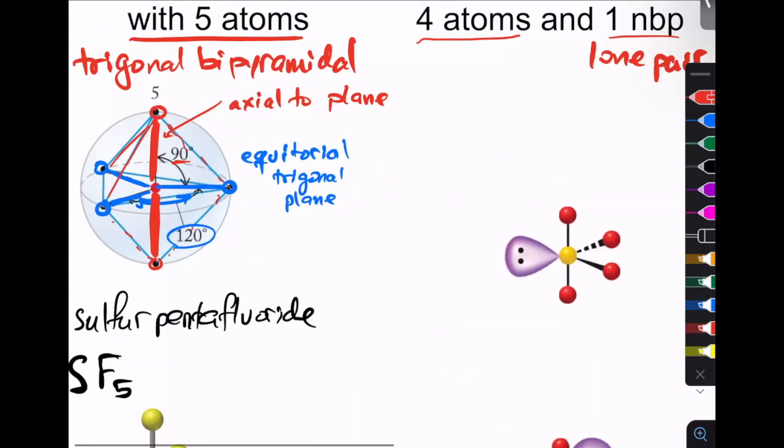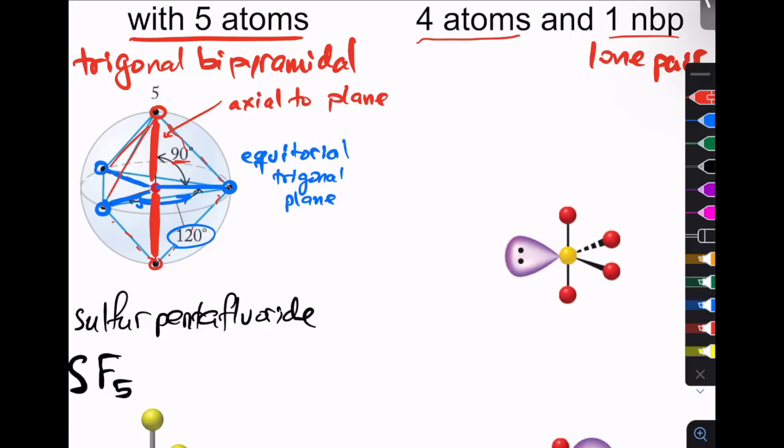See, if we were to put that lone pair, for example, in one of these axial positions, put the lone pair down here, it's now 90 degrees away from these three in the equatorial plane. So that's closer than if we put the lone pair out here in one of the equatorial positions. Now, yes, it is 90 degrees from the axial, but it's also 120 degrees away from these guys. Okay, so it gives it more space overall.